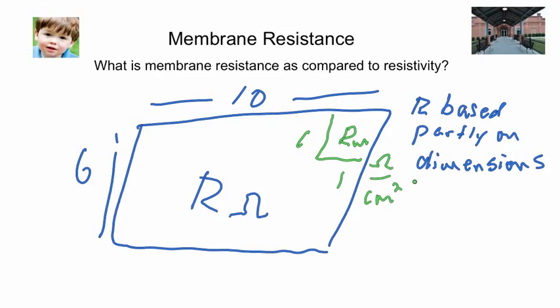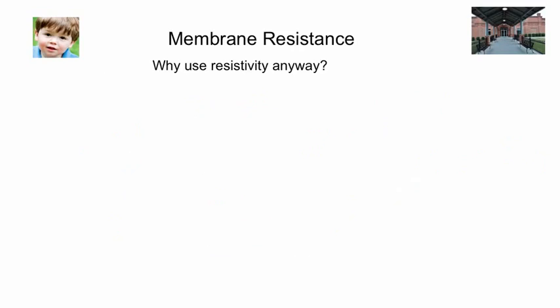The reason for resistivity is to be able to characterize the material rather than the dimensions, or at least to characterize the material separately from the dimensions. And then the thought is, if you know the resistivity, you know about the material, and then you can adjust the resistivity to find the resistance of a particular situation where the dimensions are important. Why use resistivity anyway? Well, that's what we just said.